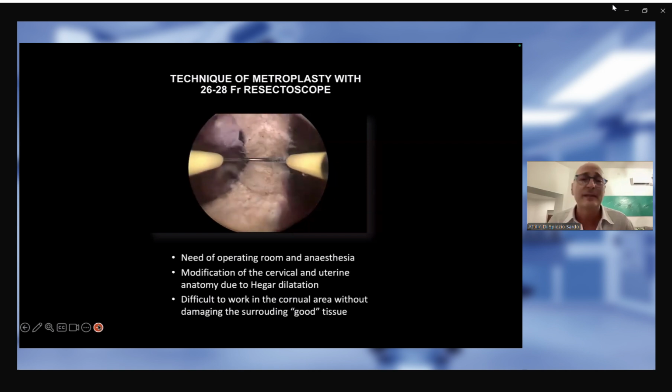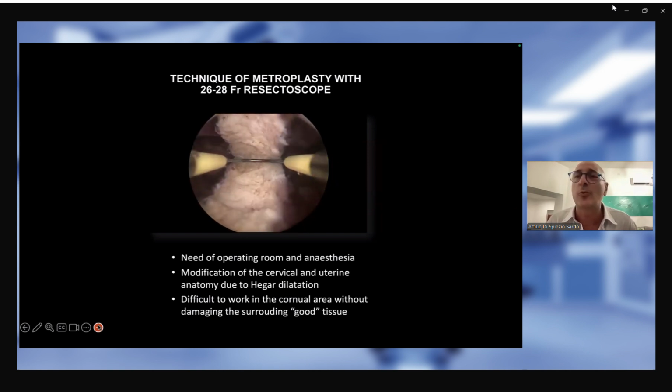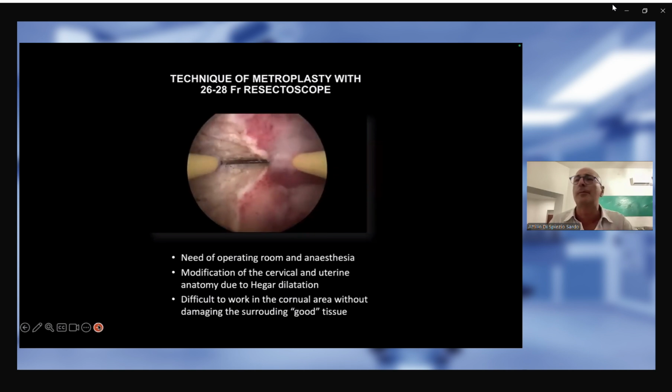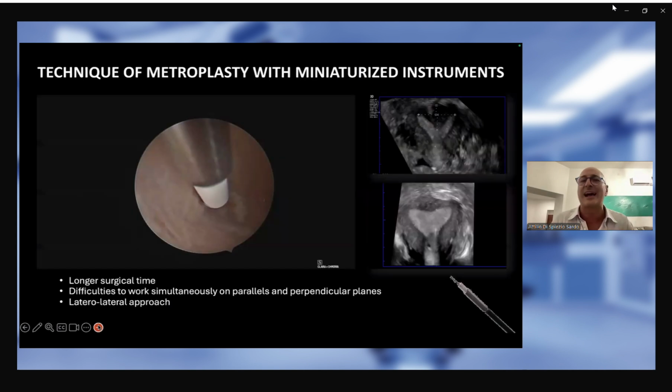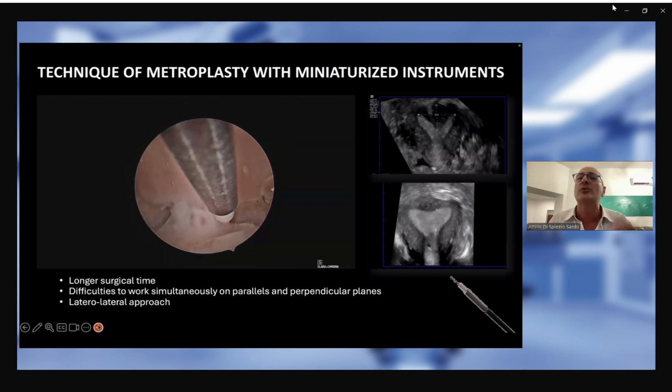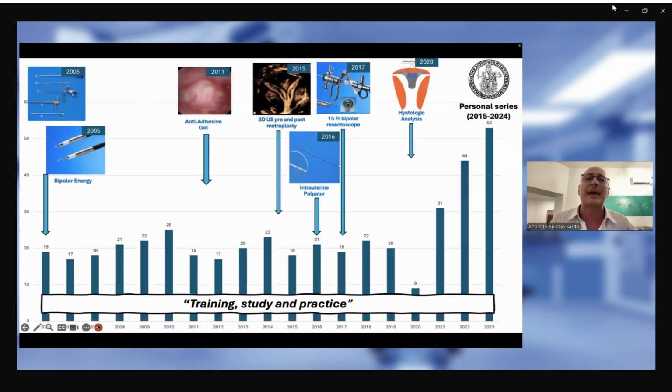How to treat? We all started with the monopolar resectoscope, standard size resectoscope with equatorial loop. We learned the technique of cutting this midline septum in the uterine cavity. I remember that when I started my hysteroscopy training, there were bipolar electrodes, disposable, reusable, that we could use to cut some small septa.